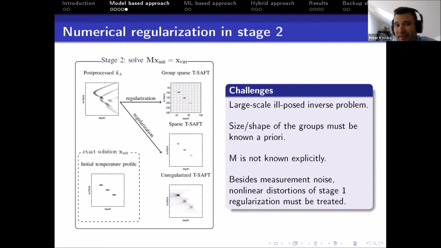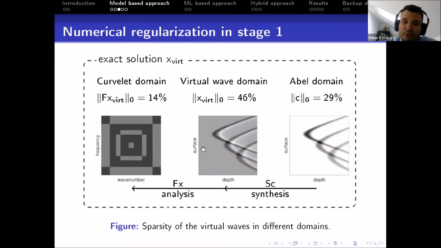And the problem here is that we also have to take care of the distortions that were introduced by stage 1. So here you can see an example of the approximation of the virtual wave images. So this was the ground truth virtual waves. We don't know that.